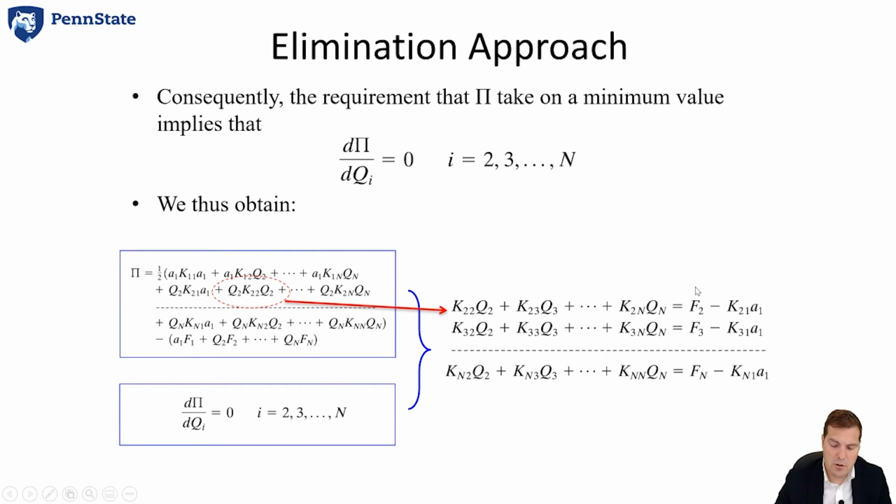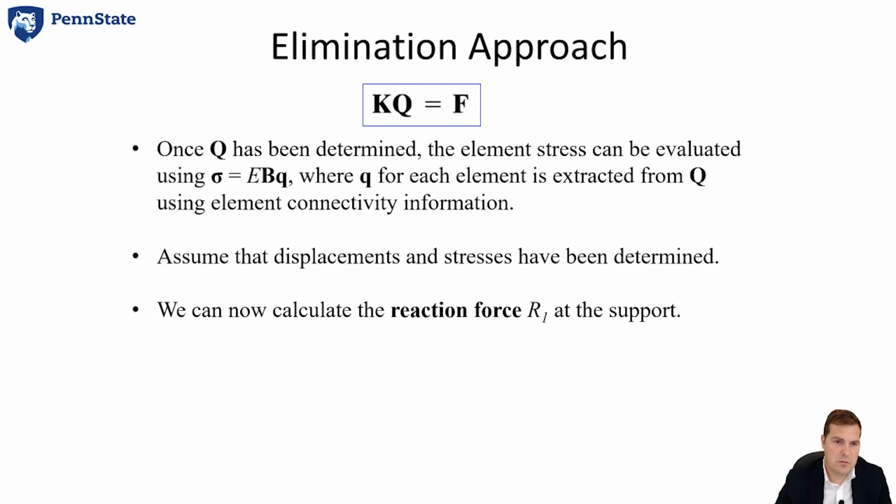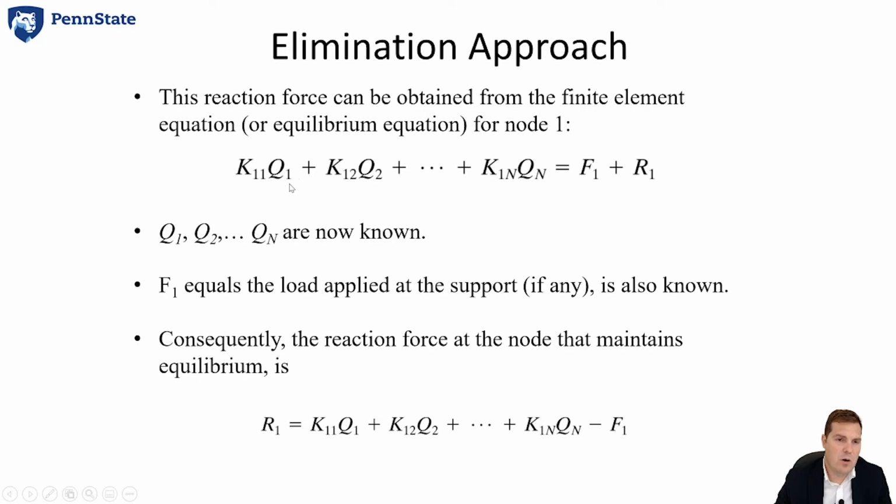So if you look at this, you have K11 Q1, K12 times Q2, and all the way over, and that equals the force at 1, where you have an additional reaction force that's unknown.